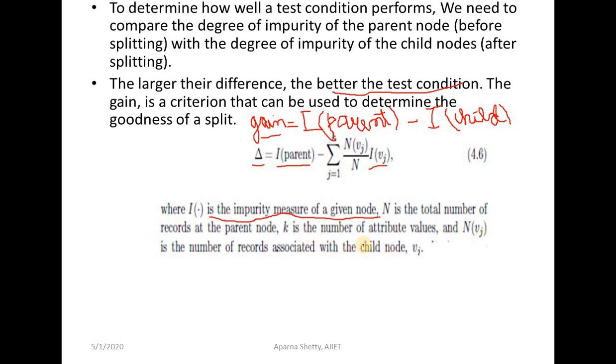N of Vj is the number of records associated with the child node Vj. Vj is the child node. I of Vj means nothing but impurity of the child.